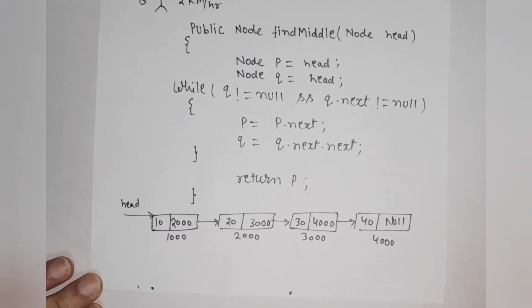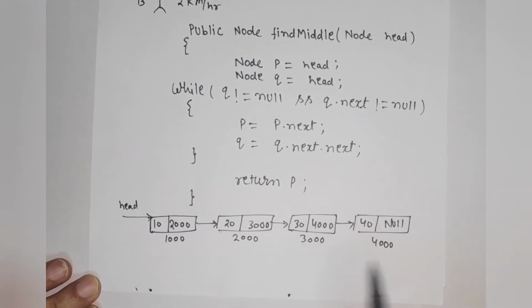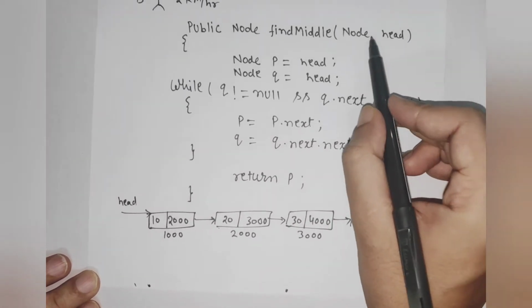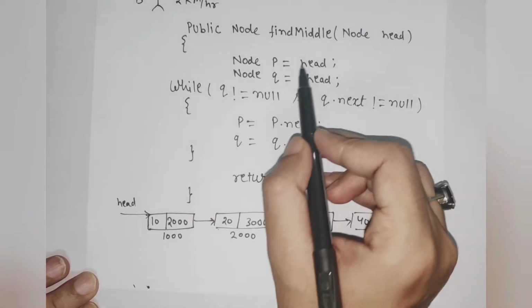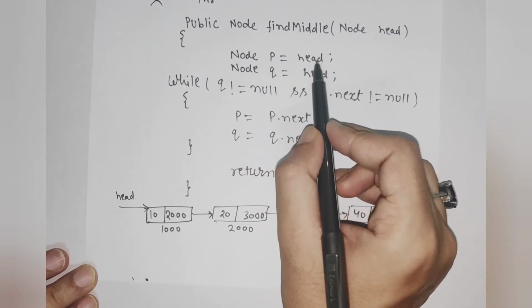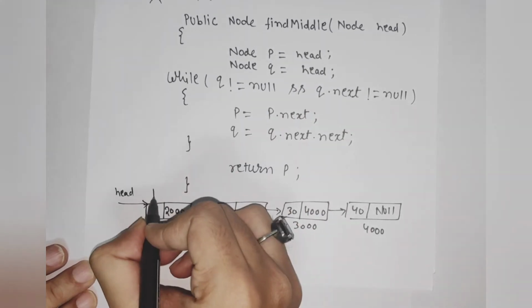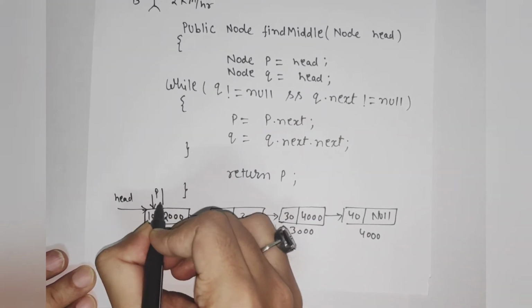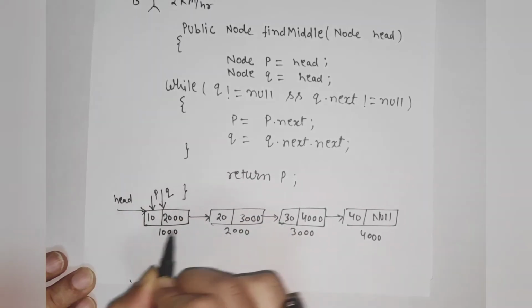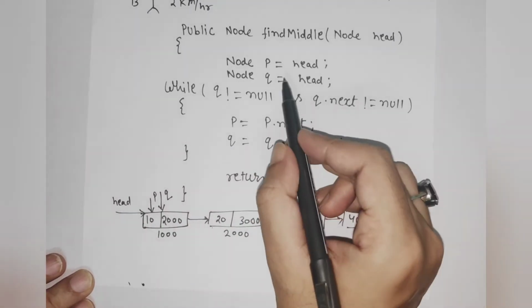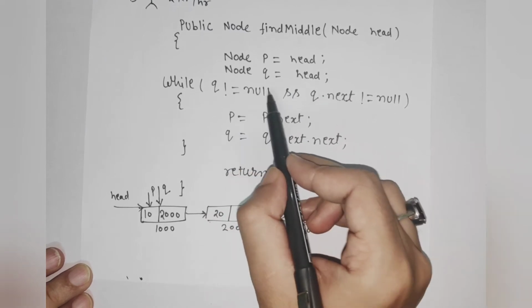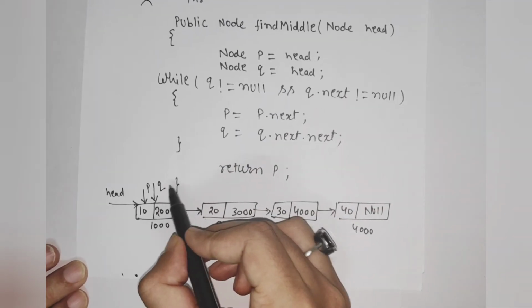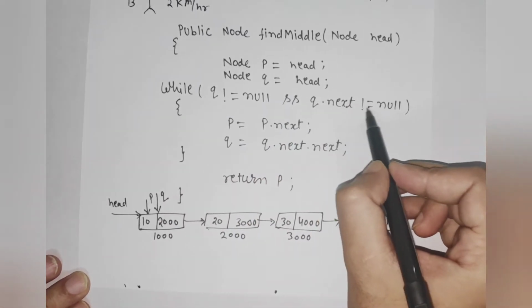So now let's see this program on the even length linked list. We are taking head as the input. After that we will assign this head to P and Q. So P will be here and Q will be here, so both will be at the first place. After that we will check Q not equal to null and Q dot next not equal to null.